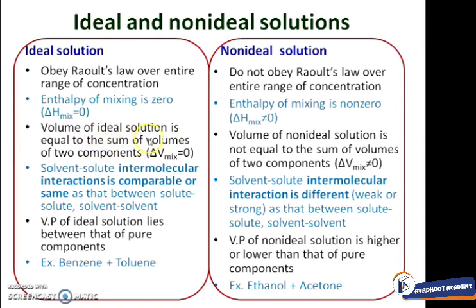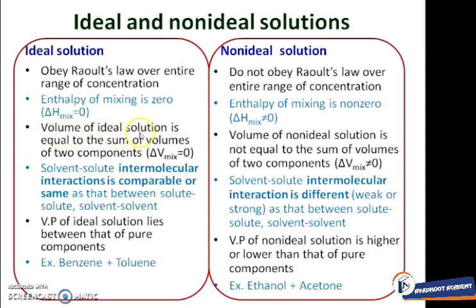So the resulting volume will be 1100 ml. So both the volumes we just add, and the addition of the volume of solute plus the volume of solvent gives the exact value of the volume of solution. This is true for only ideal solution.